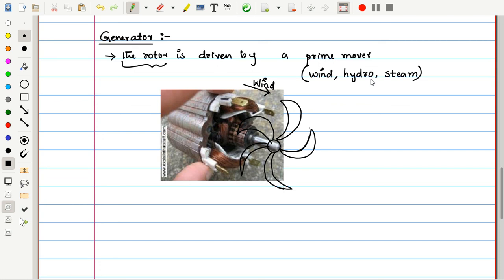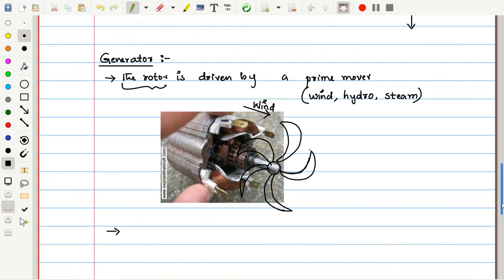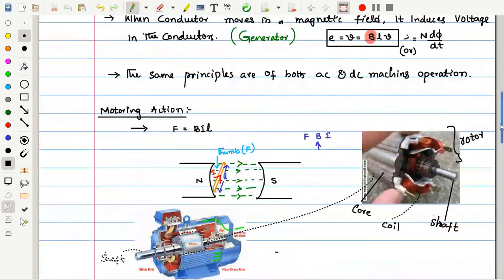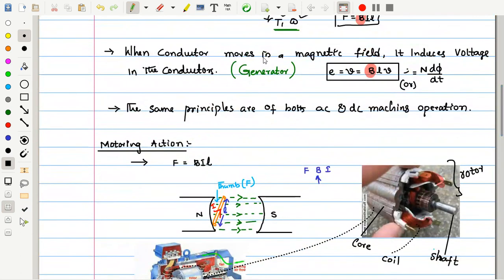Clear? Right. So now, if we place this entire structure, like the machine here, on a certain structure like this, inside the magnetic field, now try to imagine this statement: when a conductor moves inside a magnetic field, what happens according to Faraday's law?